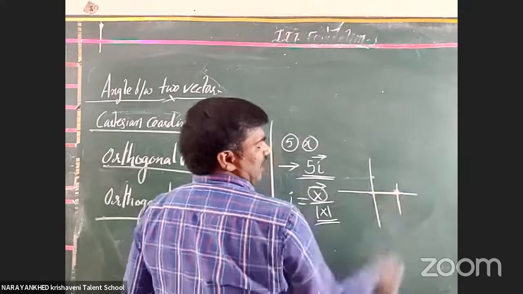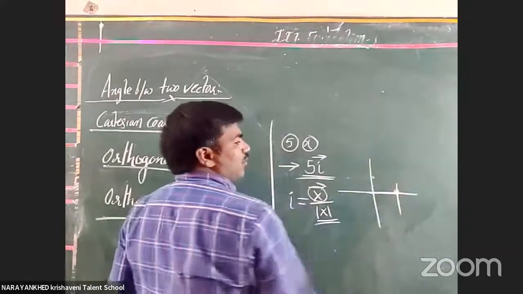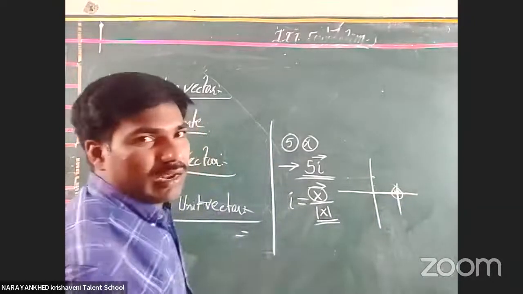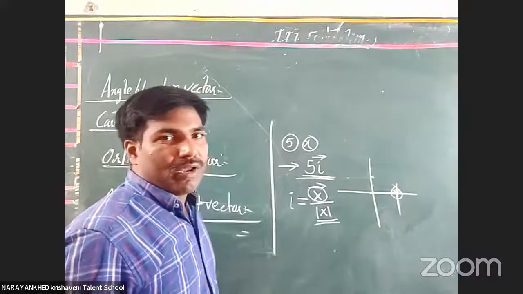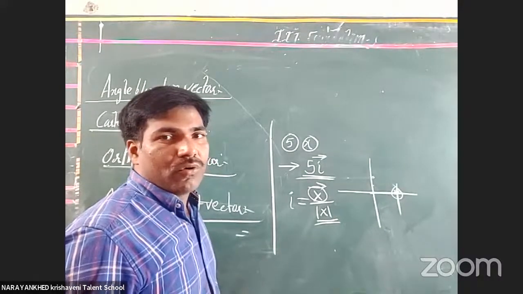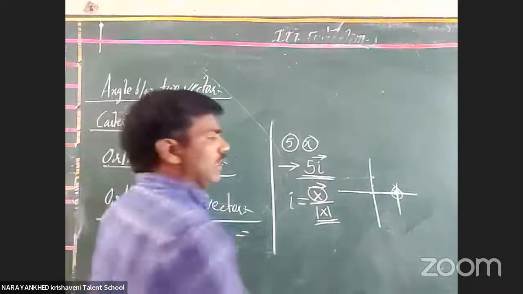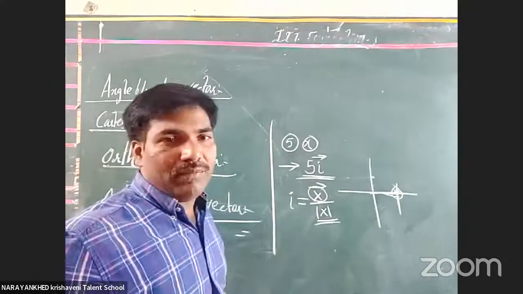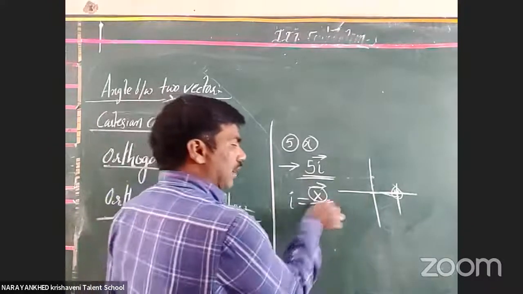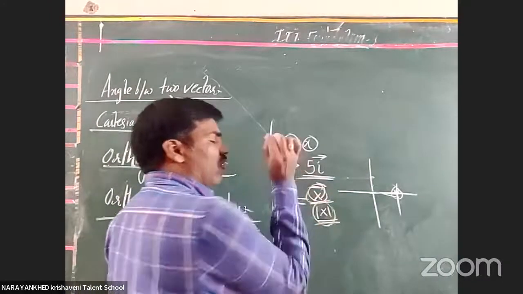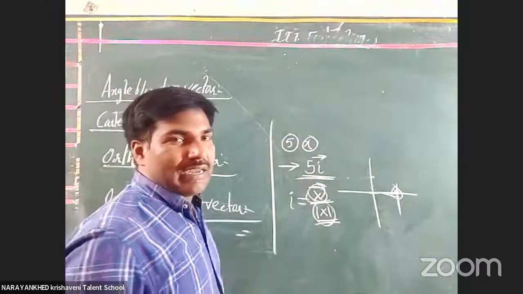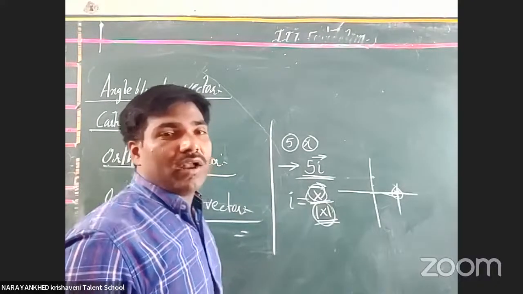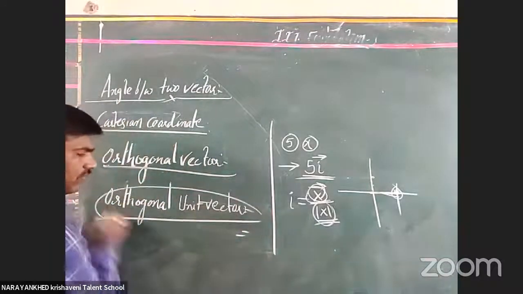With respect to the y-axis there is no component here; it is only along the x-axis. Along the y-axis it is 0, along the z-axis it is 0. It contains the component along the coordinate axis only. When we take the ratio of the vector to its magnitude, we get one vector, and that unit vector is called an orthogonal unit vector.